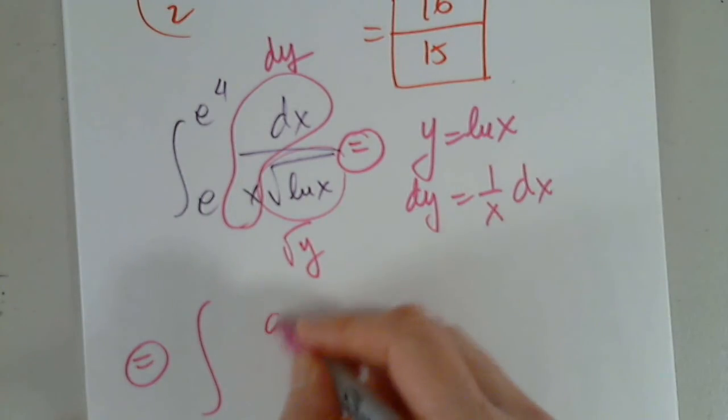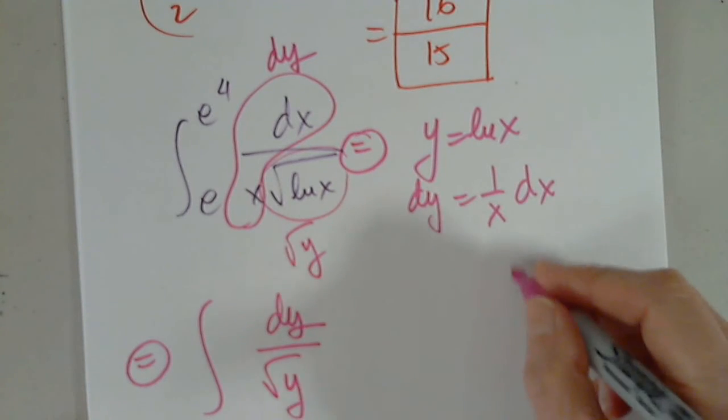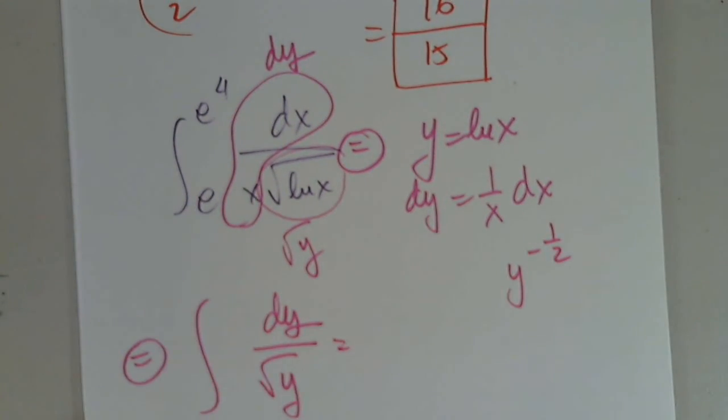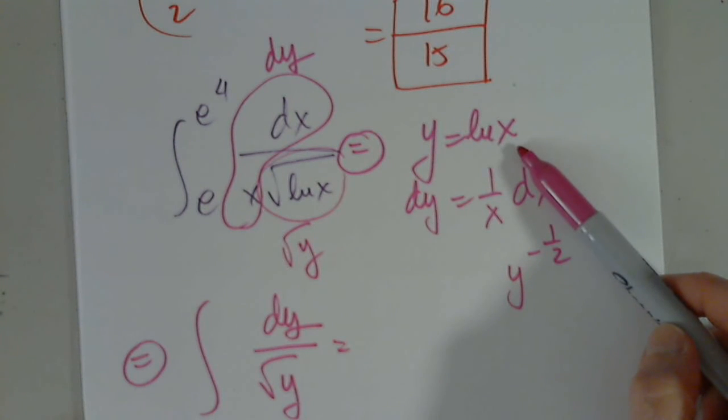So I have dy over the square root of y, which I will change into y to negative 1/2 in a moment. But we have to establish the limits of integration first. When the lower limit is e, how much is natural log e?